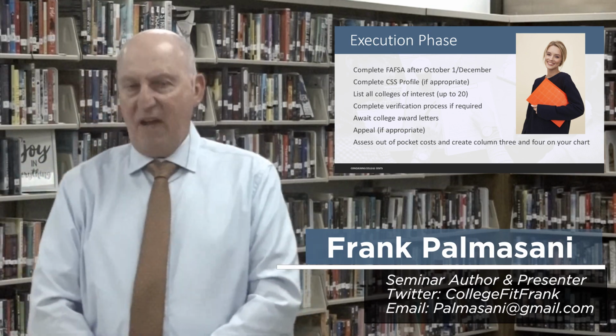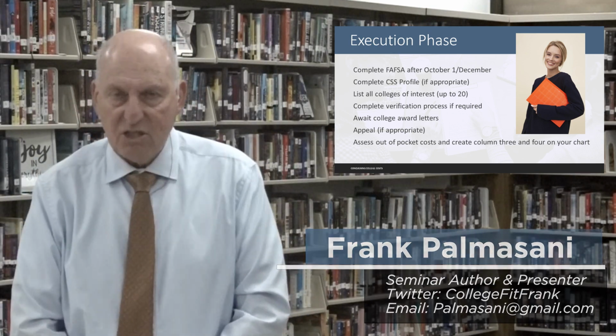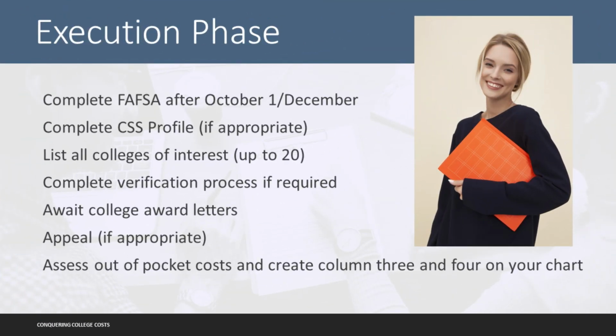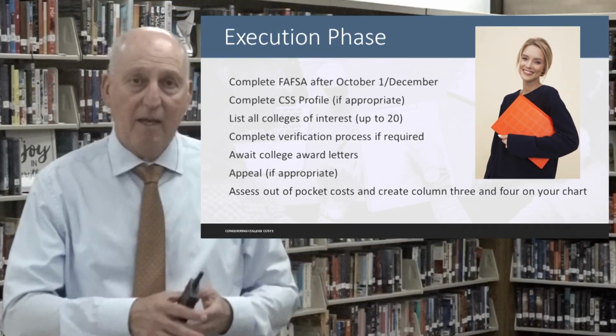When you file the FAFSA this year for the first time, you're going to be able to list up to 20 different colleges or universities. This goes hand in hand with everything that I've talked about in relationship to the planning phase.